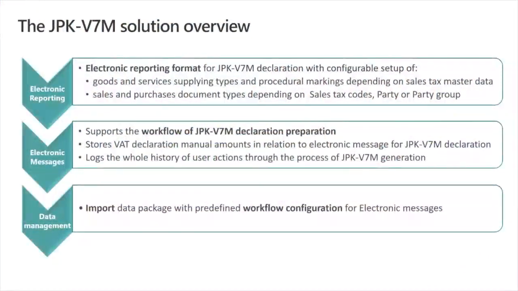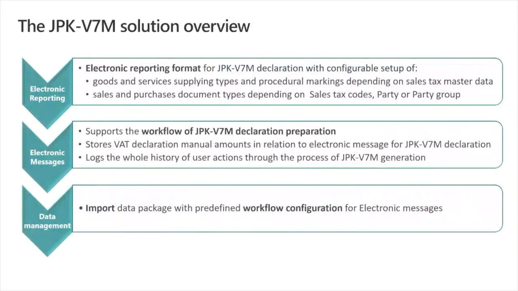In general, it's important to realize that the solution for Dynamics 365 Finance for reporting JPK VAT consists of three major elements. Firstly, as I mentioned, we deliver a configurable electronic report implemented in the electronic reporting framework. That's not new.